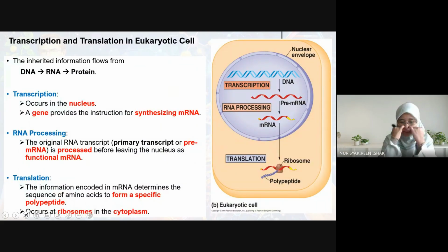Okay, so let's look at the overview of this slide, then we finish off. This is the difference between transcription and translation in a eukaryotic cell. In a eukaryotic cell, because we have a nucleus, transcription occurs in the nucleus, and the gene provides the instruction for synthesizing the mRNA. This is DNA.